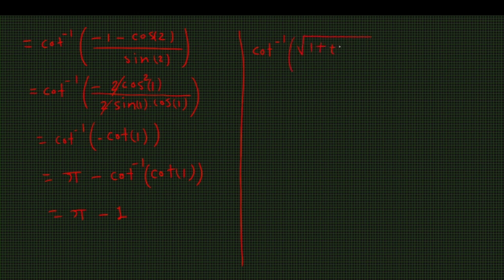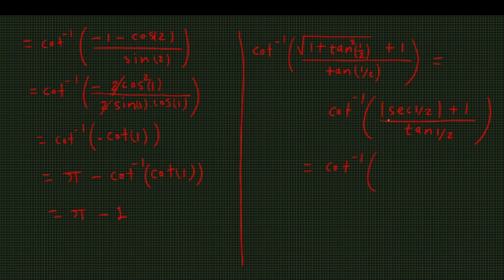Now take next term. Next term is cot inverse under root 1 plus tan square half plus 1 divided by tan half. So similar step here. Cot inverse under root 1 plus tan square is sec square half, and here mod sec square half, mod half.